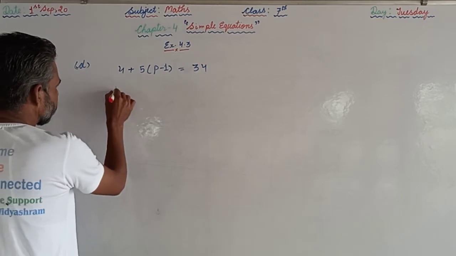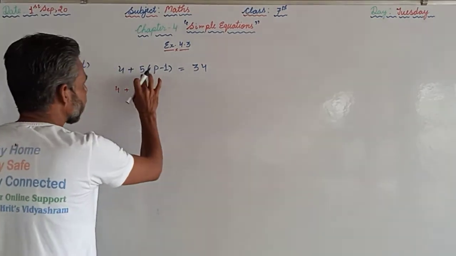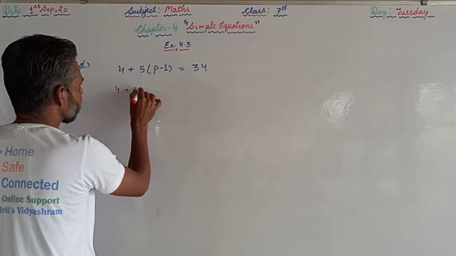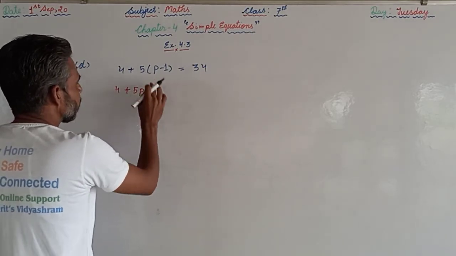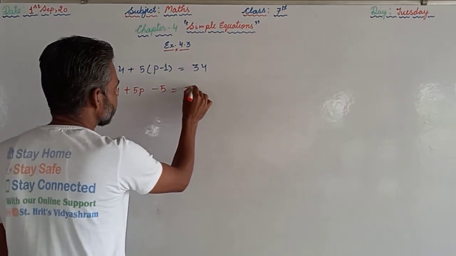So 4 will remain like that, and we will multiply 5 into the bracket. 5 into p, that is 5p, 5 into minus 1, minus 5, is equals to 34.